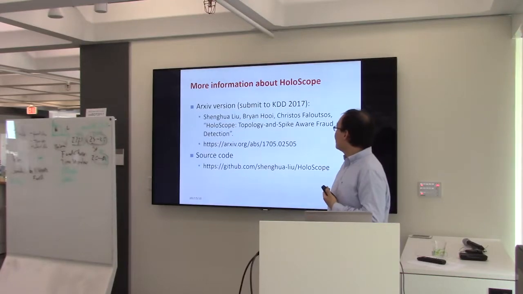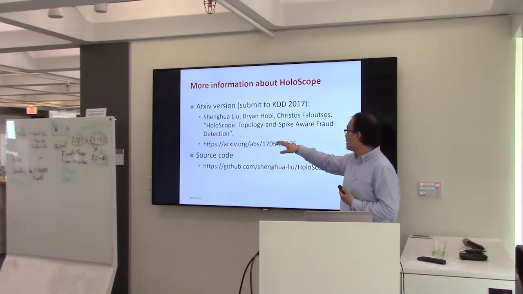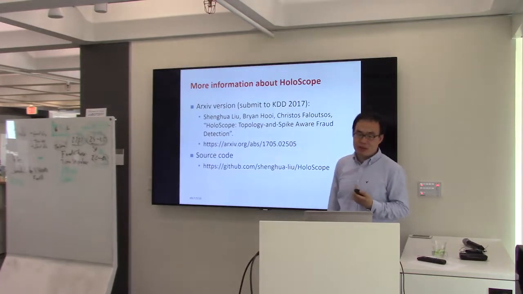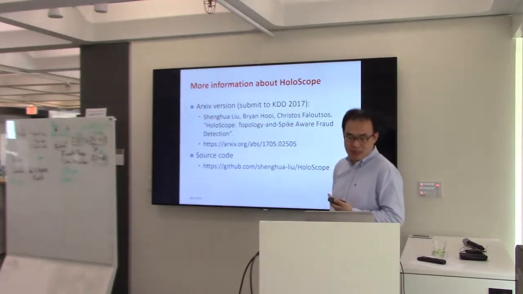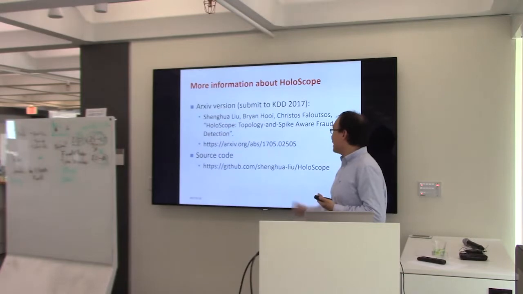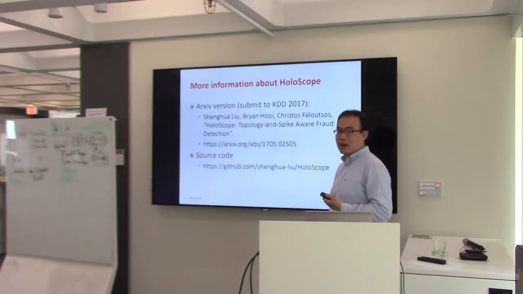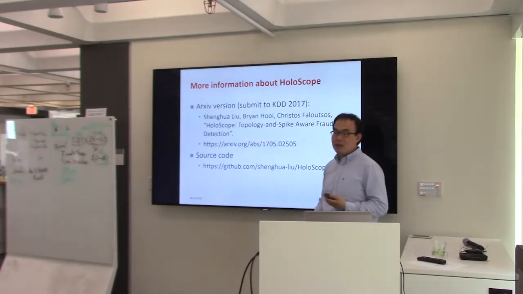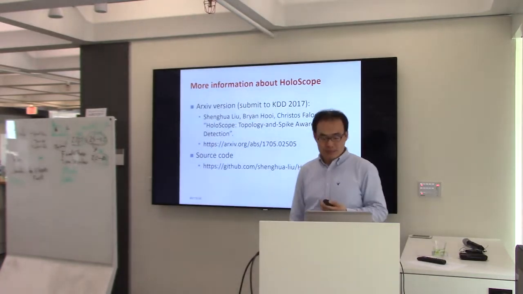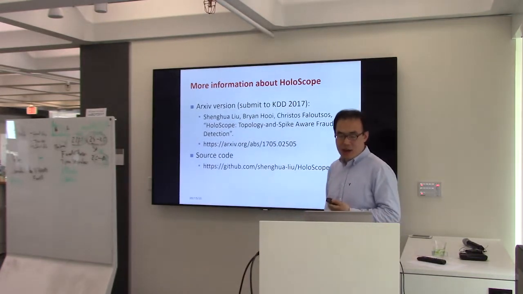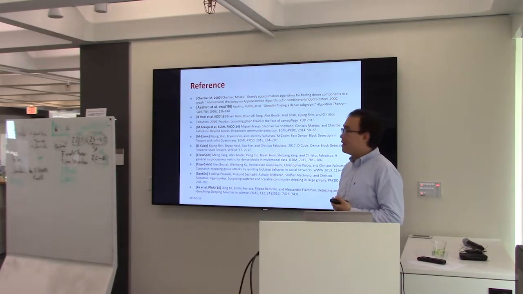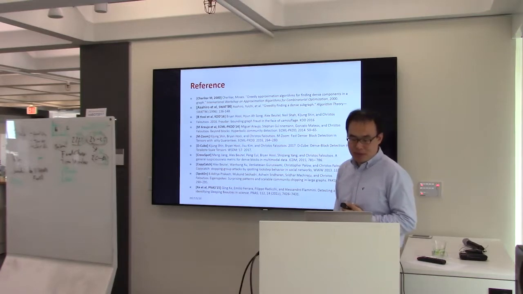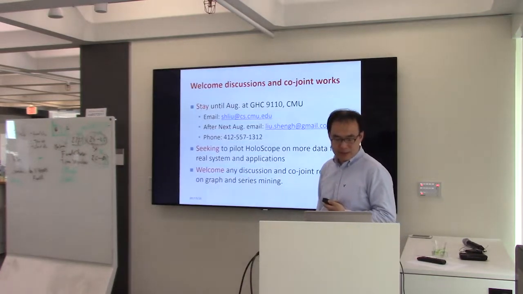For more information about this work, we submitted to KDD 2017. The results haven't come out yet, but we have the arXiv version online, and we also open-sourced our code, so you can try our algorithm. These are the references I used in this talk.